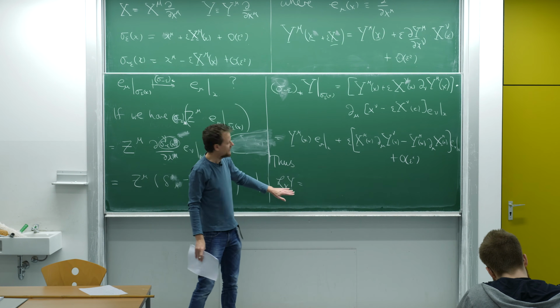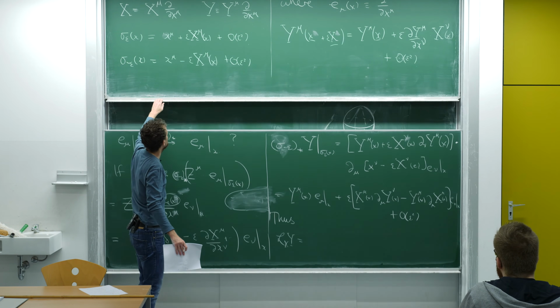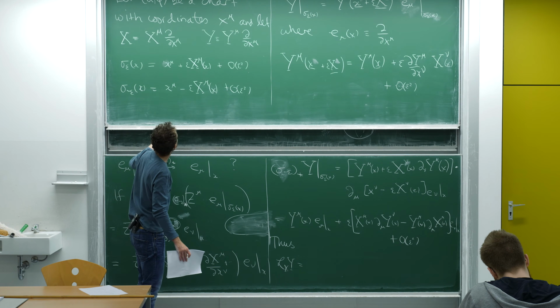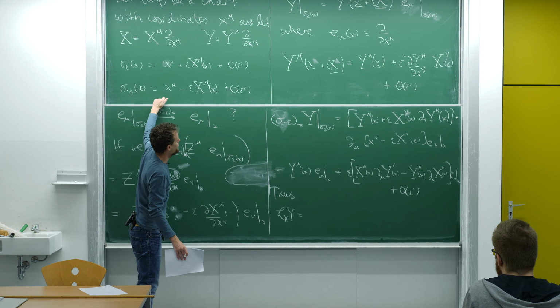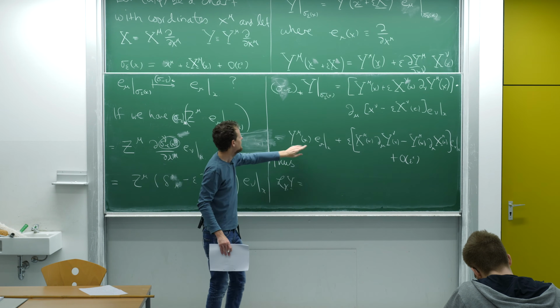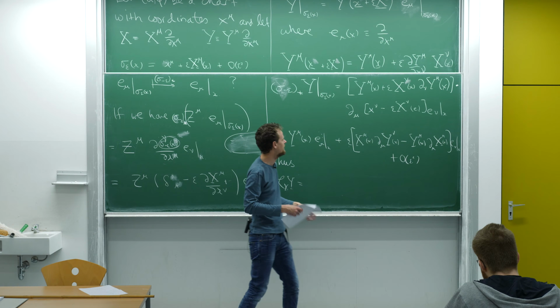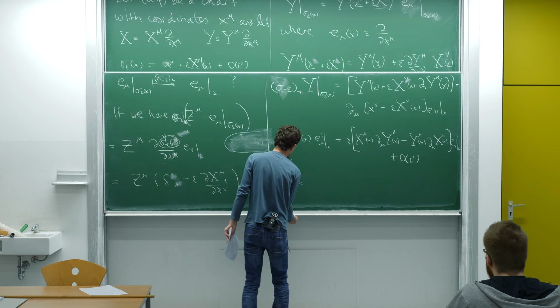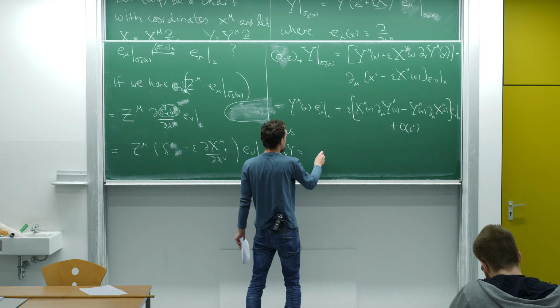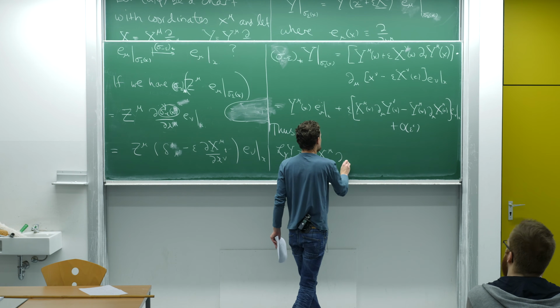So when we subtract off the value of the vector field at x in the definition of the Lie derivative, no, I erased it. When we subtract off the value of the vector field at x, this just cancels this order 1 term. And when we divide by epsilon, that gets rid of the epsilon here. So we have that the Lie derivative of y with respect to x is this expression here.